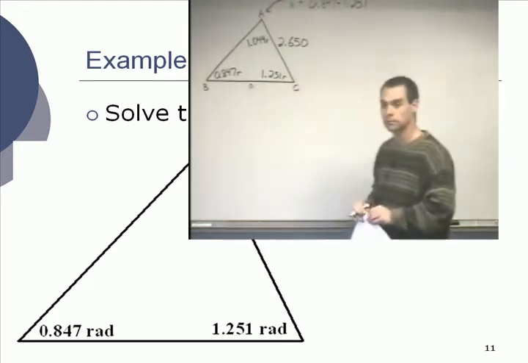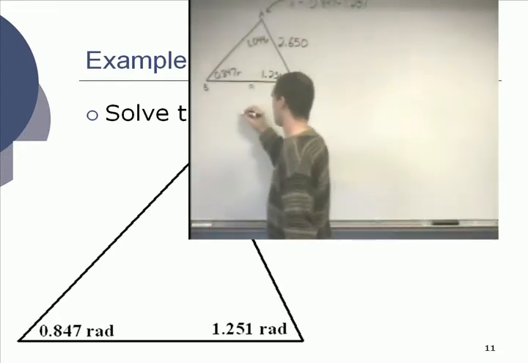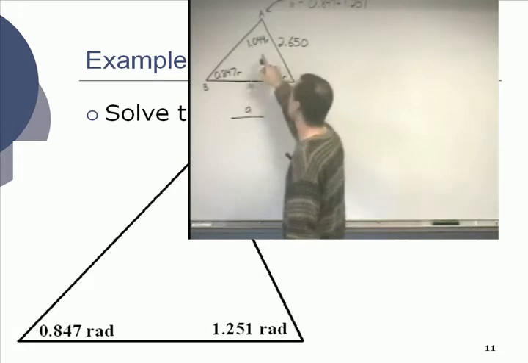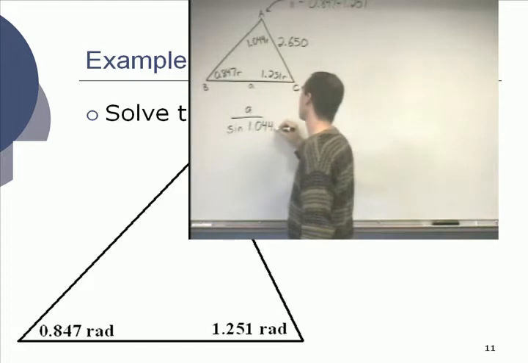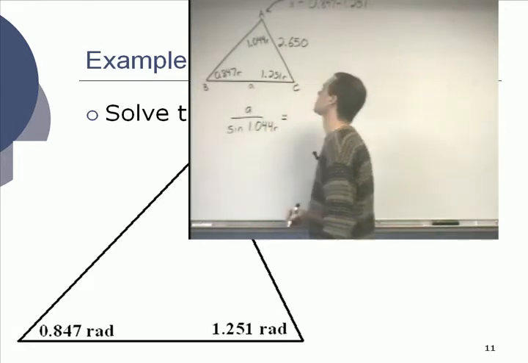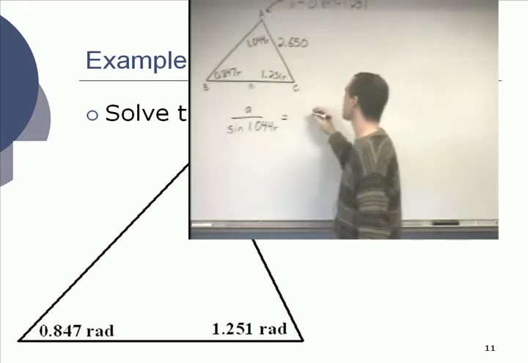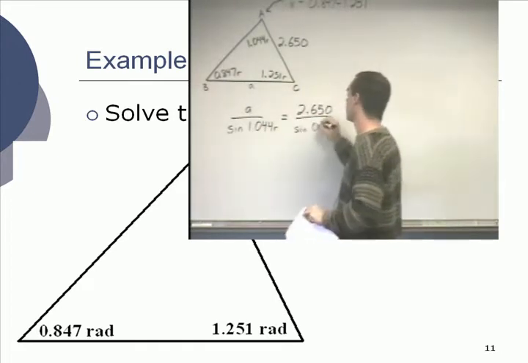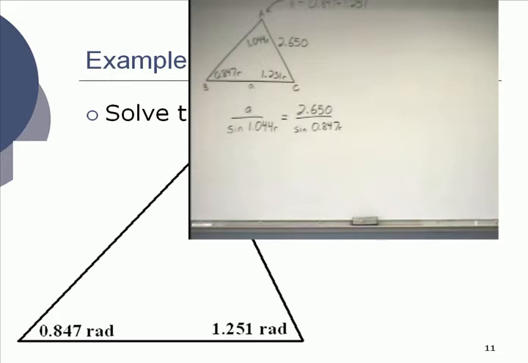Let's find side A. Now this time let's use the law of sines upside down. We didn't have to, but let's just flip it over and put the side length on top. So we have A over the sine of 1.044 radians is equal to, now here's the ones that we knew, that's the matching pair that we have, 2.650 over sine of 0.847.